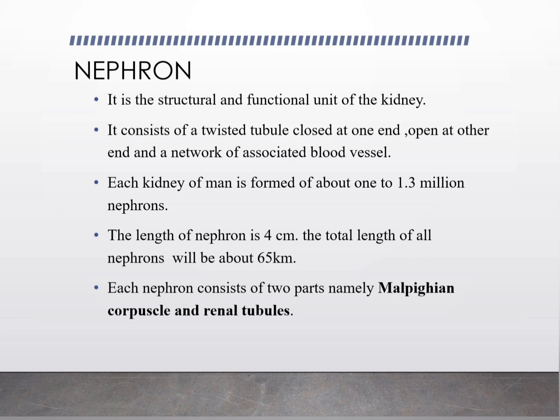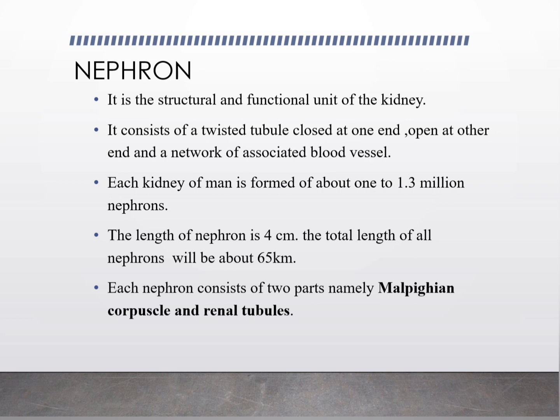Next, nephron. Nephron is the structural and functional unit of the kidney. It is also called the uriniferous tubule. A nephron consists of a twisted tubule closed at one end, open at the other end, and a network of associated blood vessels. Each kidney of man is formed of about 1 to 1.3 million nephrons.